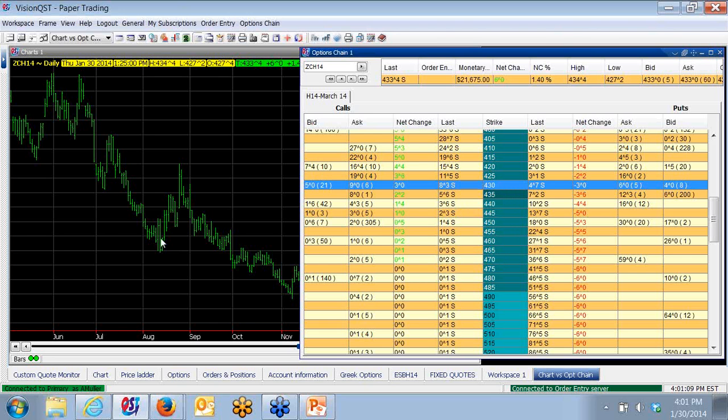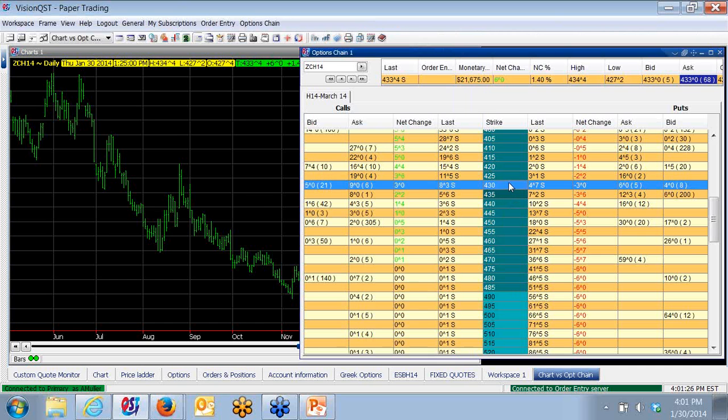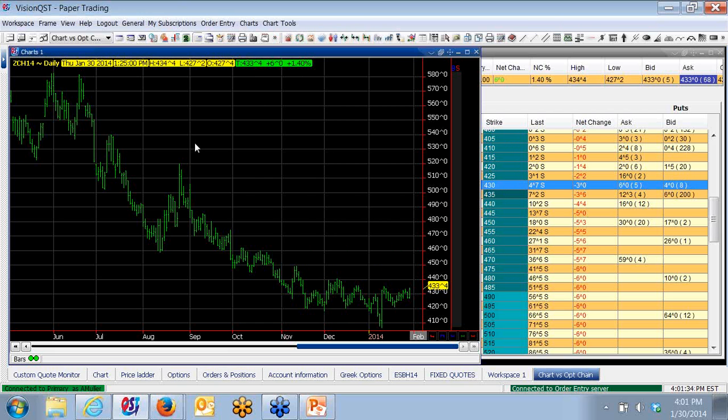Because if the market were to expire today, and the market's at 433.5, and you have to buy at 440, you wouldn't do it. You would just abandon the option, let it expire worthless, and the person who sold that option, which is the reason people sell options, would turn around and say, okay, I kept that premium for myself. And again, that would depend on where it expires.